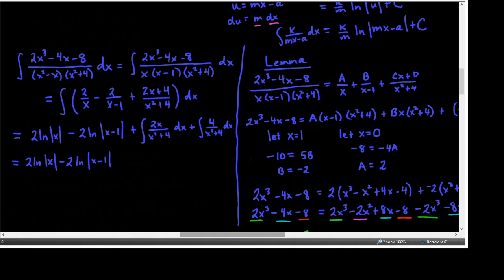So for this next one, we actually sort of started the thought process. If u is x squared plus 4, I guess I can write it up here in case you need to see what I'm talking about, then du is 2x dx, which is exactly what I have. And so that ends up being 1 over u du, which is the natural log of the absolute value of that u, which is x squared plus 4.